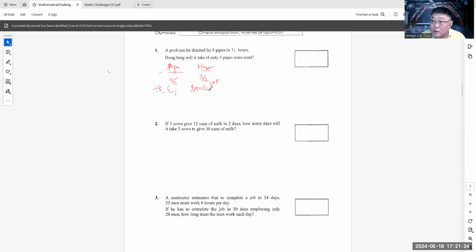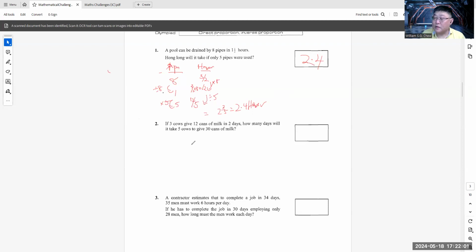Now I get 1 pipe, 12 hours. So if I have 5 pipes, I times 5, and the hours, being inversely proportional, have to be divided by 5. So it will be 12 divided by 5, which is 2 and 2/5, equal to 2.4 hours. So the answer is 2.4.